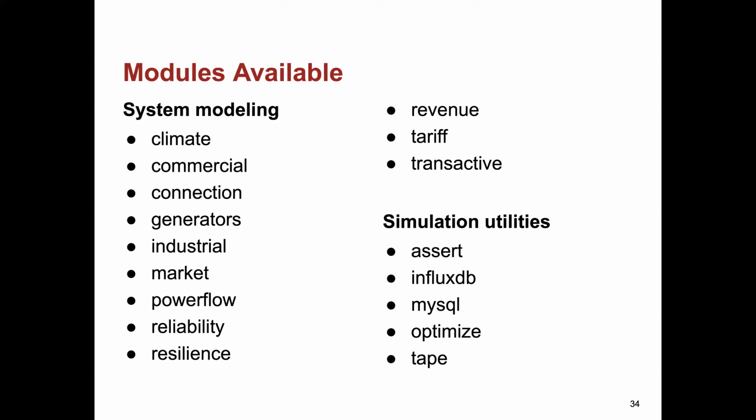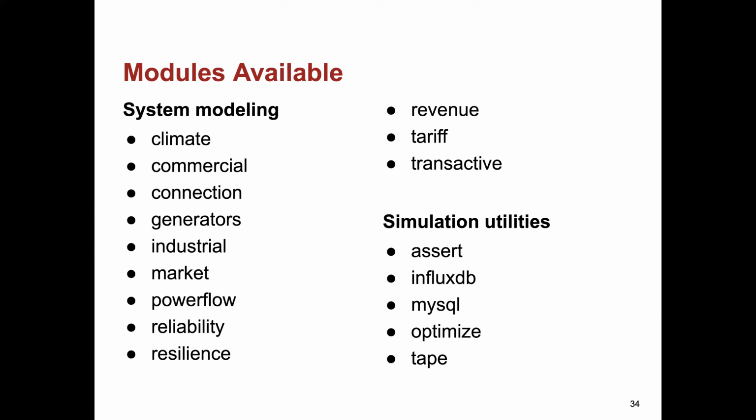A revenue module, which focuses on billing systems. A tariff design module, which focuses on modeling different tariffs. And a transactive module, which has the more advanced transactive features coming out of current DOE projects.